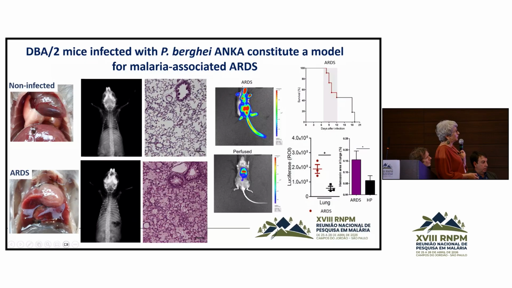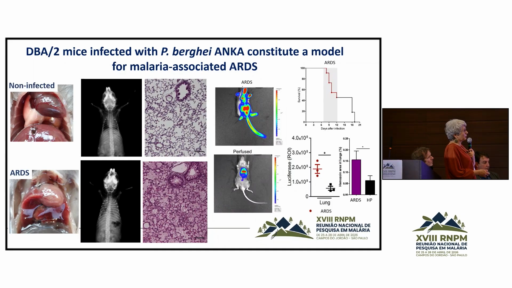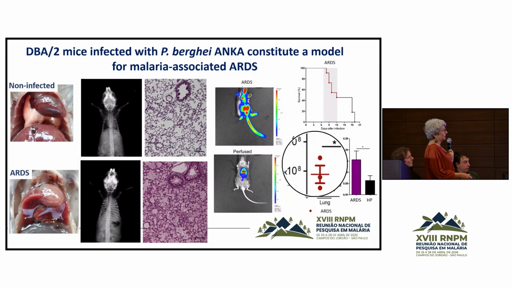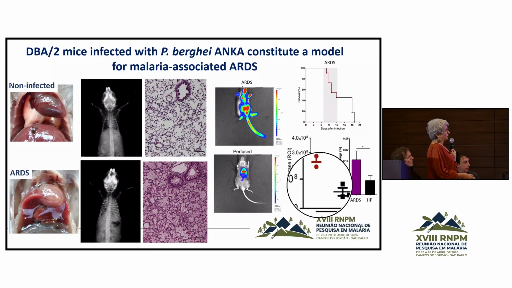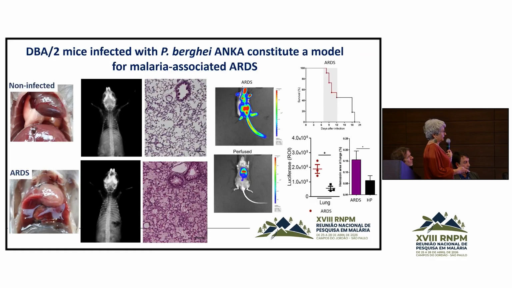Comparing with a non-infected animal, we also observed that these animals who develop ARDS present a greater amount of infected erythrocytes in their lungs. We also observed the quantities of those who were developing ARDS and not developing ARDS, and we quantified the accumulated hemozoin in the lung of these animals.